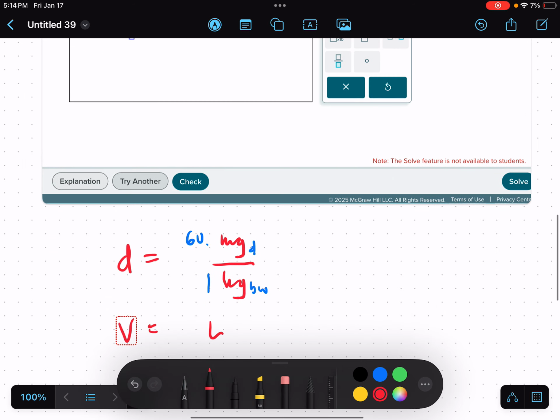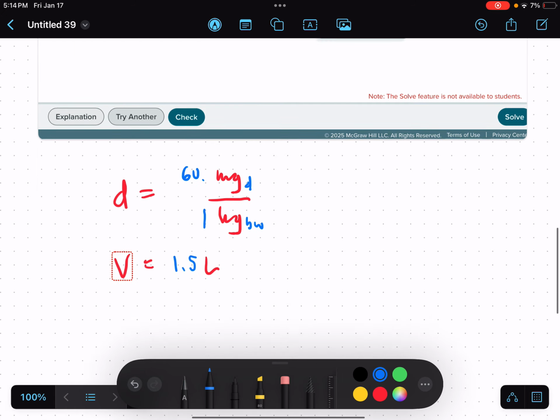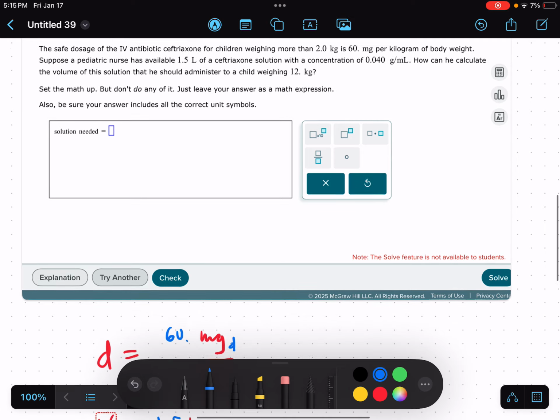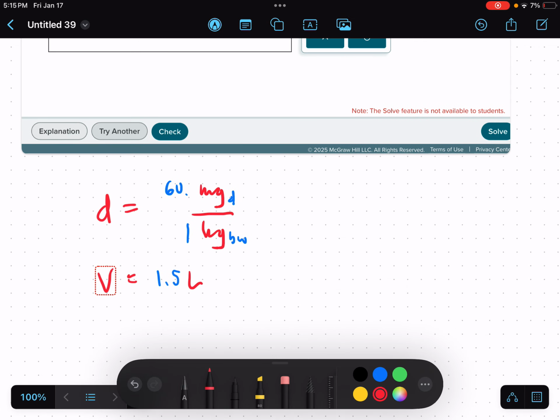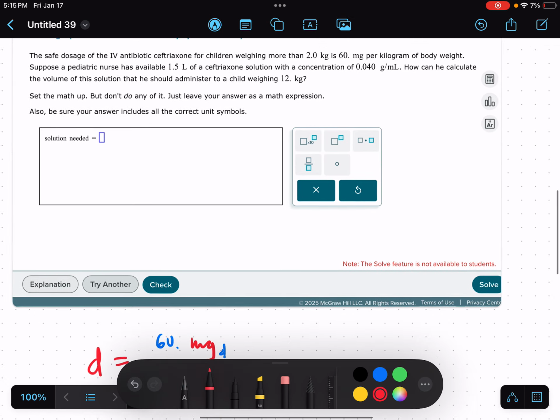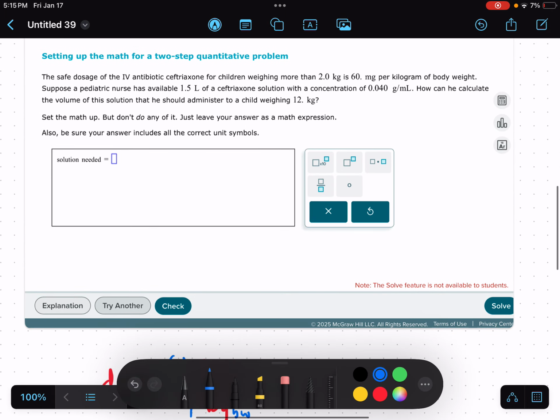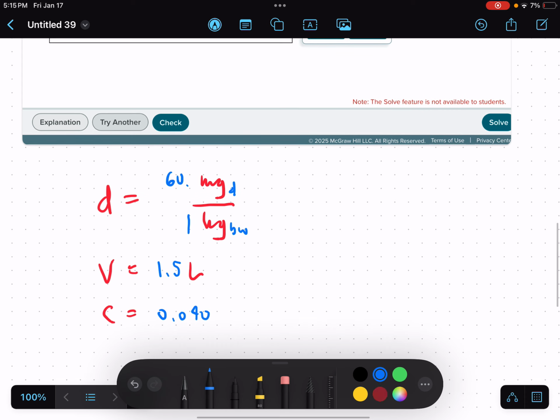She has 1.5 liters. Oh, this is a good problem. Okay. 1.5 liters with a concentration, just making up symbols here, concentration is equal to 0.40 grams of something, grams per milliliter.